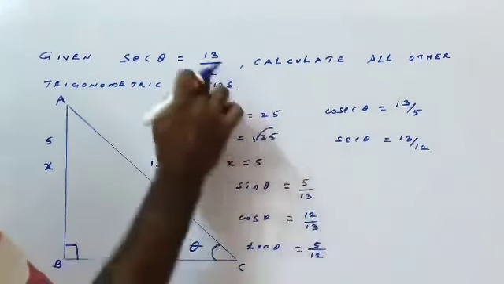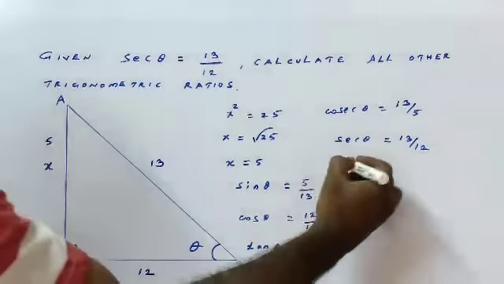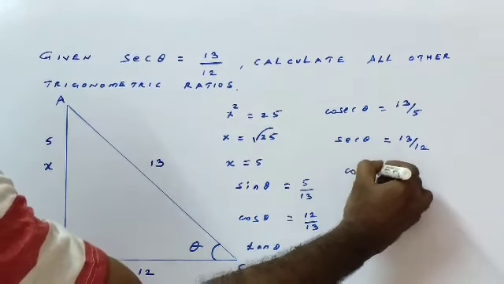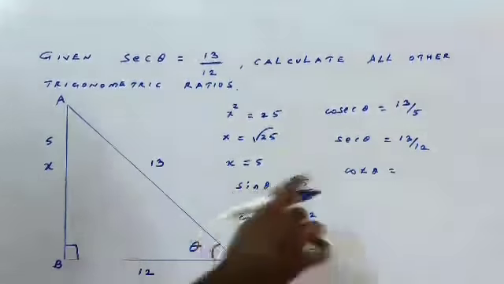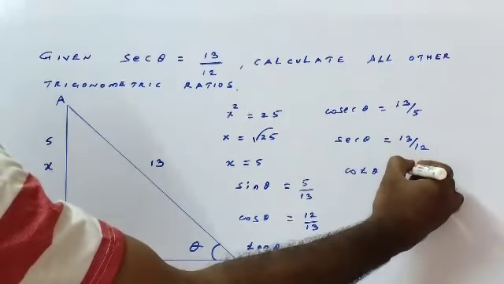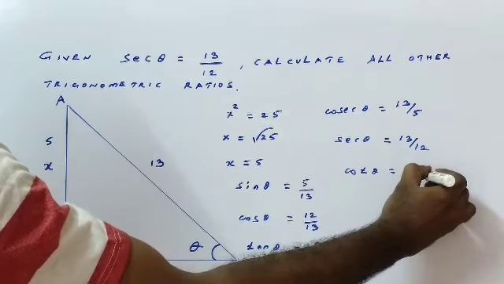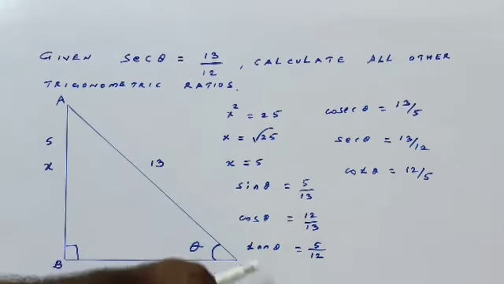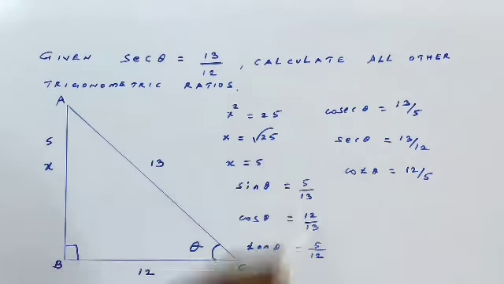Already it is in the question. Then reciprocal of tan theta is cot theta. Just reciprocal this, 12 by 5. So now we get all other ratios: sin theta, cos theta, tan theta, cosecant theta, secant theta and cot theta.